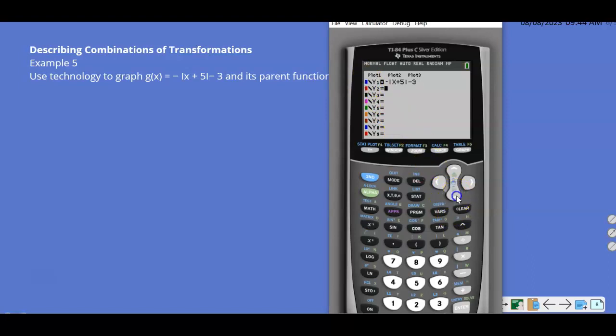And I want to graph the parent function as well, which is just the absolute value. Let's go back to math, number, absolute value of x. So the absolute value of x, that's the most basic form of this function. That's considered the parent function. The parent function's in red this time, and g of x is in blue.